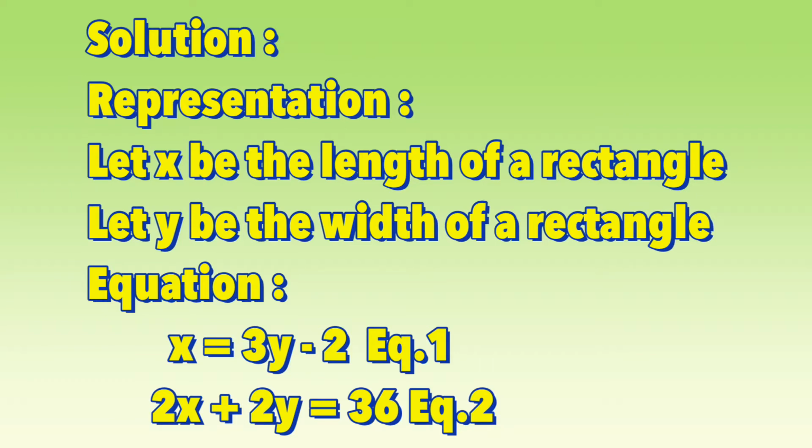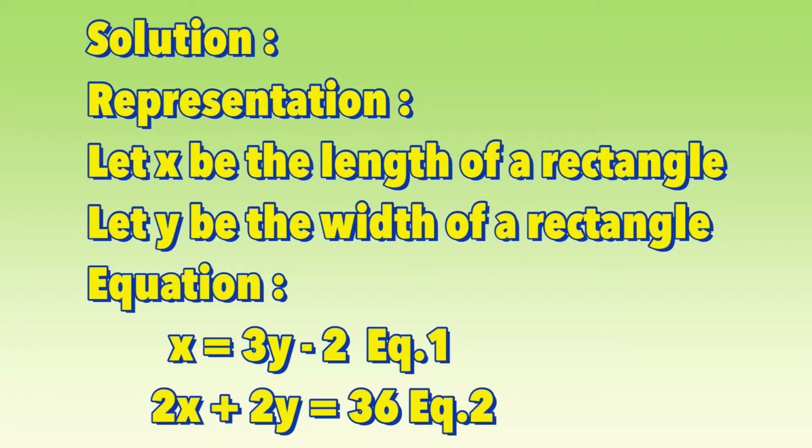Equation 1 comes from the statement, the length of a rectangular picture frame is 2 cm less than twice its width. So x, the length, is equal to twice the width, 2y, and less than means minus, that's why minus 2.